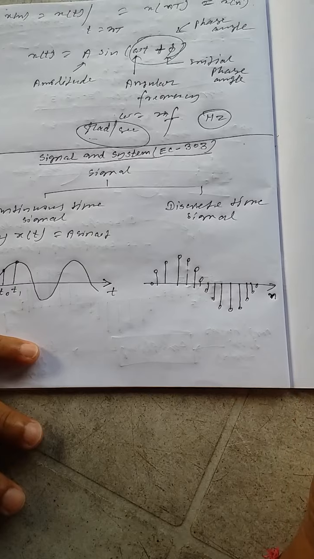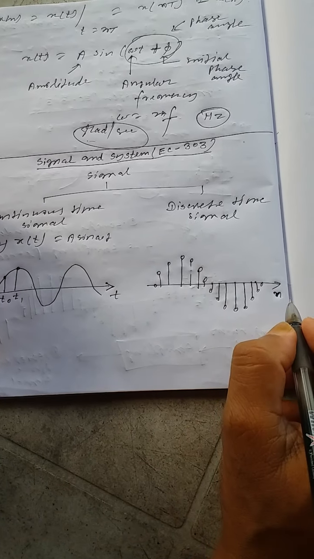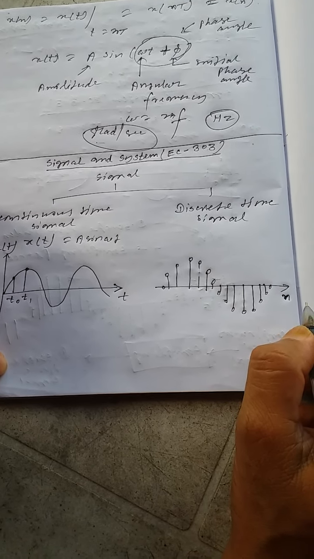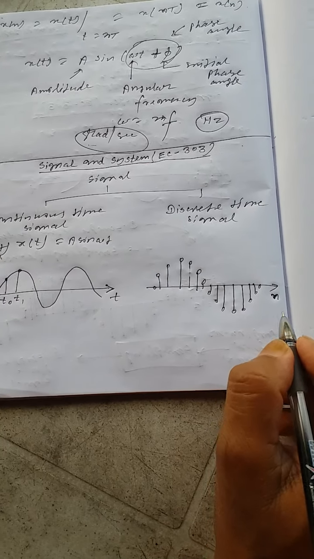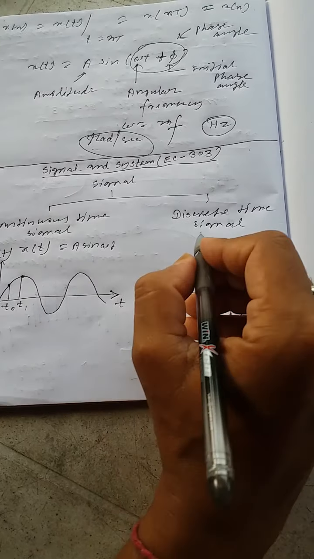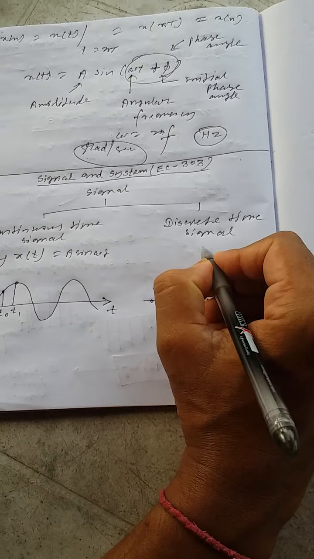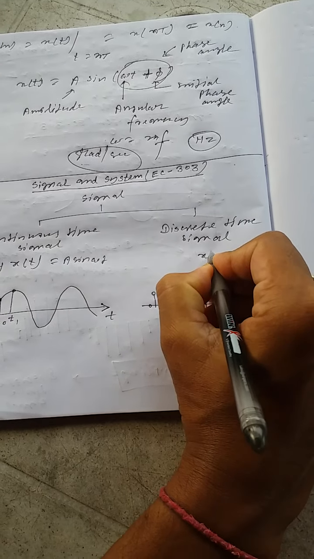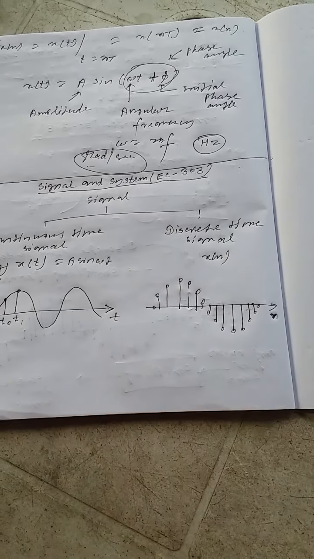Here the time is indicated by small n. The name of n is discrete time index, and any discrete time signal can be represented by x of n, that is a function of n.